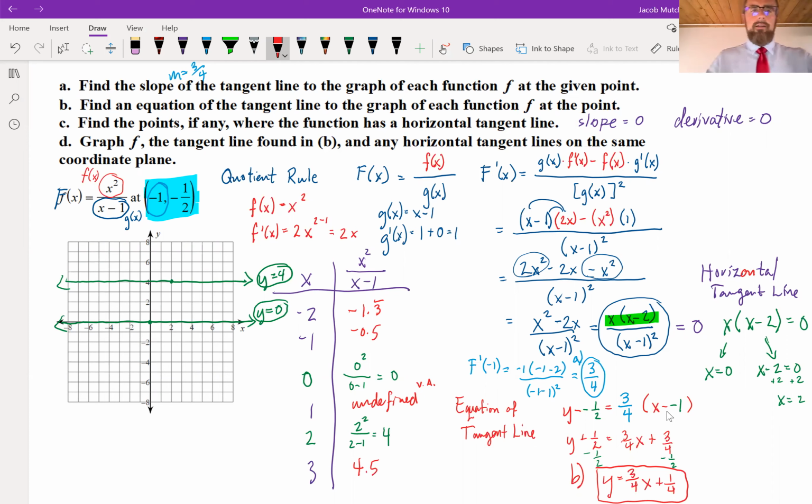So we're ready to graph this one. So (-2, -1.3), (-1, -0.5), (0, 0), then a vertical asymptote at 1. So that left-hand side of the graph will look something like that.